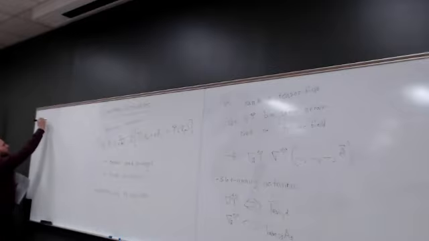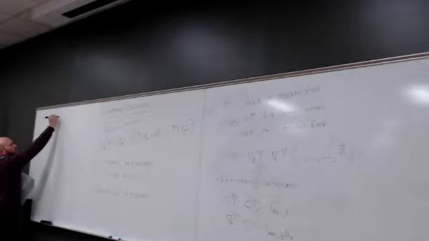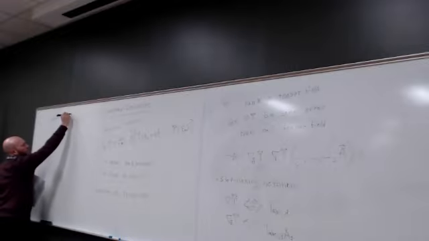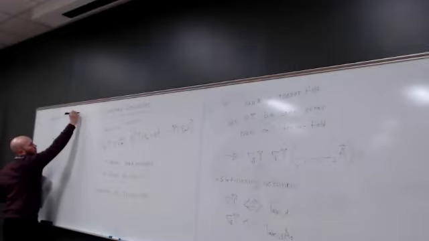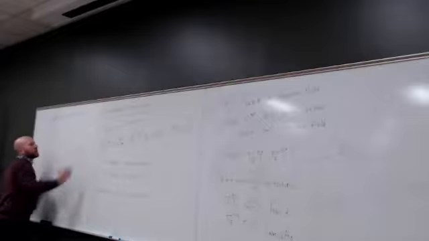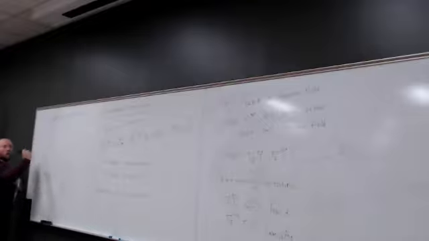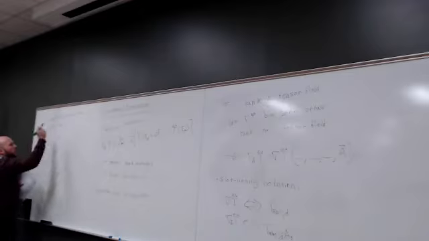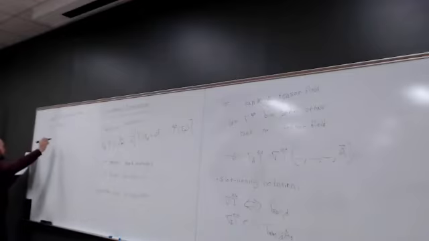So some important properties of the gradient and directional derivative. They obey the usual commutation and chain rules, okay? They obey the rules that we're used to in calculus, right?